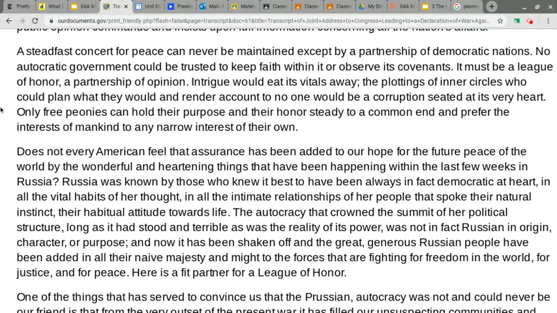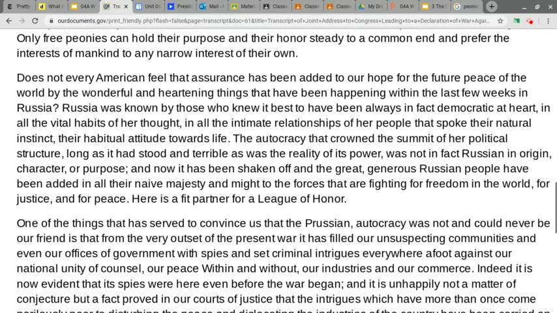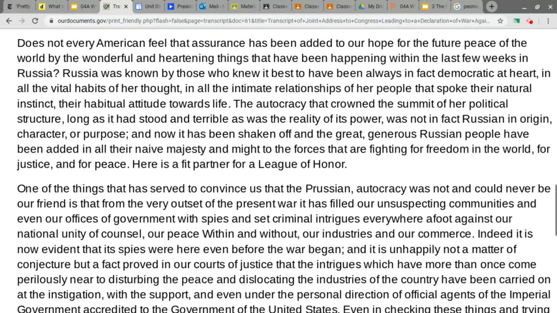So I'm going to say this is supposed to say only free peoples can hold their purpose and their honor steady to a common end and prefer the interest of mankind to any narrow interest of their own.